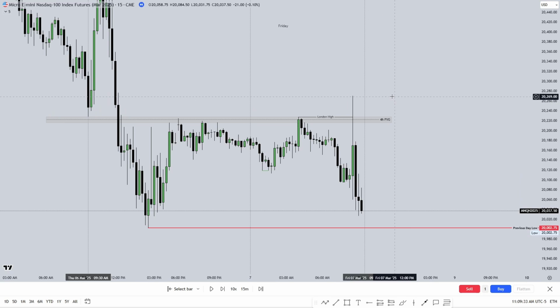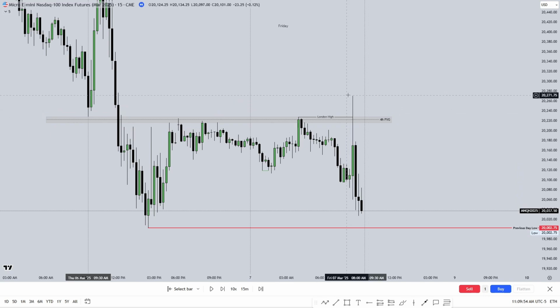All right. You could see right here on the NFP release that there's this really large and obvious wick. Well, you have to understand the significance of it and why I wouldn't expect this to get reached again, because what this wick was doing is it was doing the manipulation at this point.